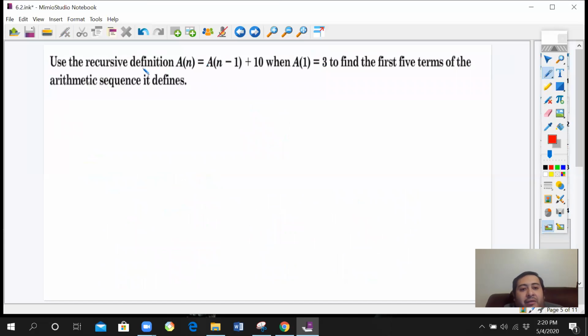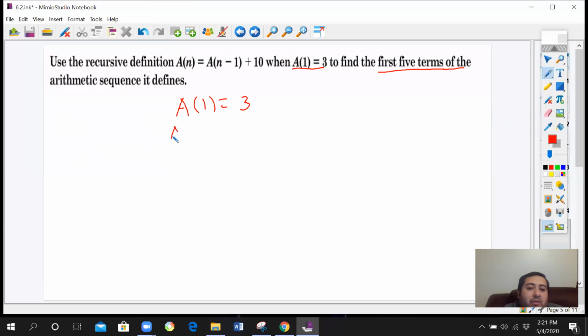All right, use the recursive definition: an equals an minus 1 plus 10. What is it when a1, which is your first term, equals 3? To find the first 5 terms of the arithmetic sequence it defines. All right, let's start with the a1. a1, we already know that it's 3.